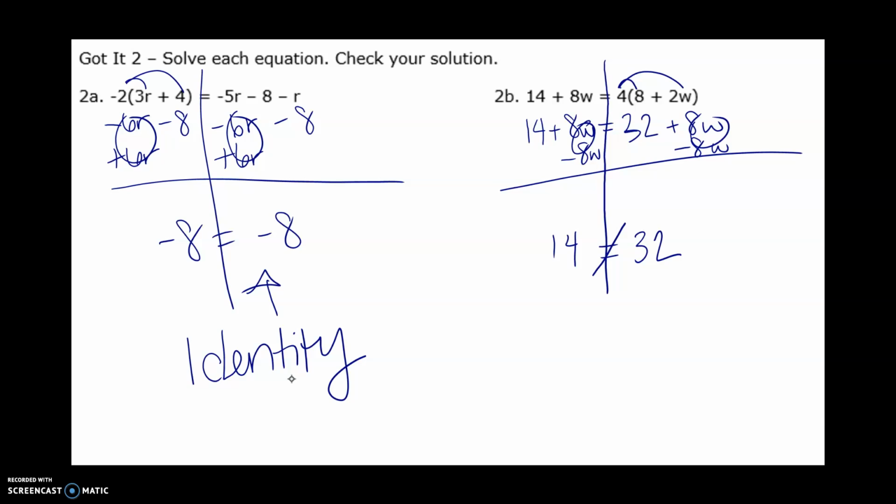That is not a true statement. So this is a null or empty set because nothing will make this a true equation. There are no solutions that work because 14 does not equal 32.